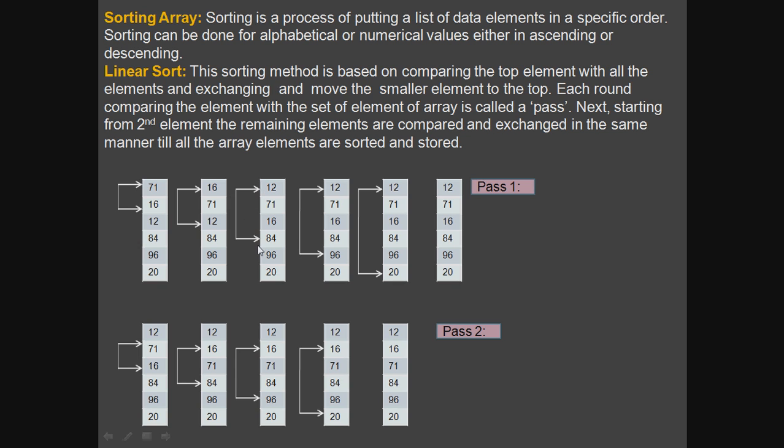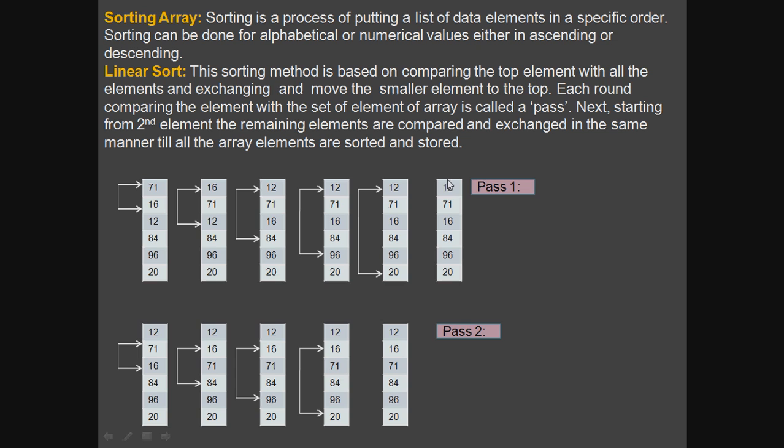Now the first element is compared with the fourth element. Since 84 is greater than 12, it stays in its place. Again, 12 is compared with the fifth element, 96. Since 96 is greater, it stays in its place. Then 12 is compared with 20. Since 20 is greater than 12, it stays in its place.